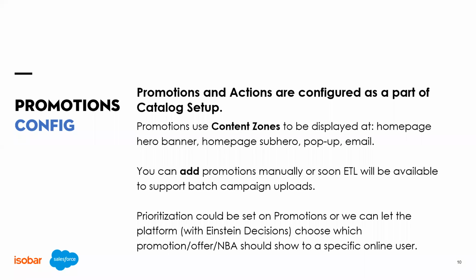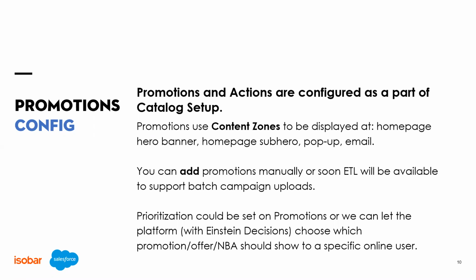Prioritization can be set on a promotion, so you can tell the system which promotions should be prioritized, as well as which promotions should not have that high priority. You can also let the platform choose which promotion, offer or next best action should show to a specific online user.